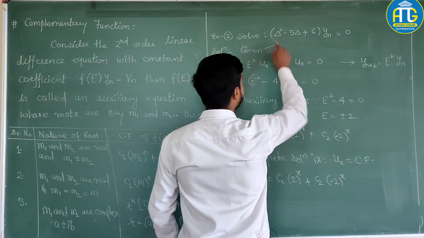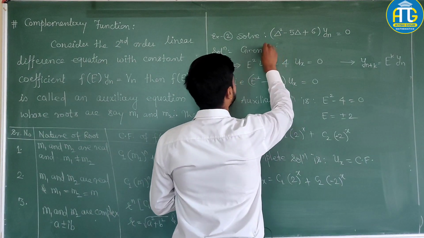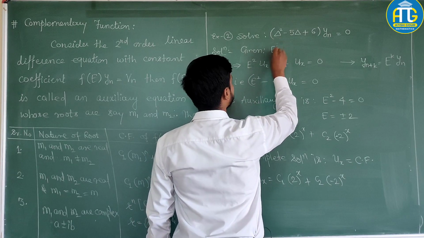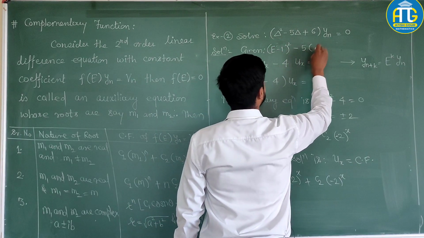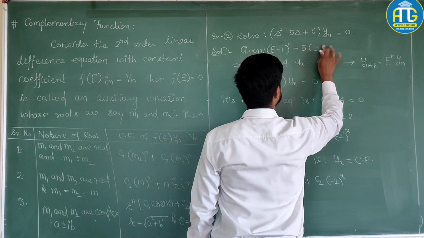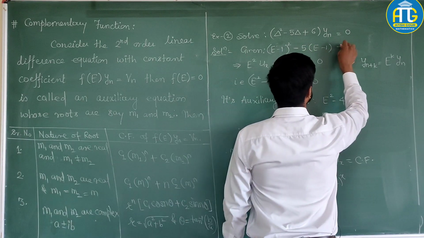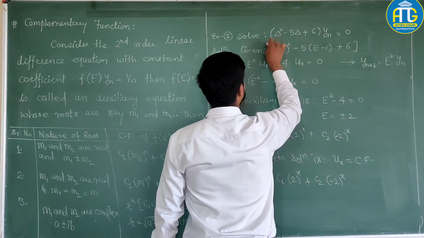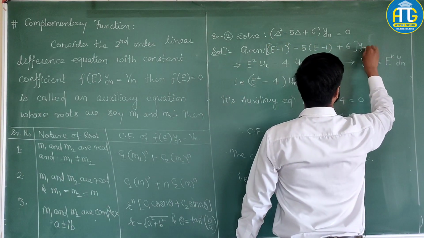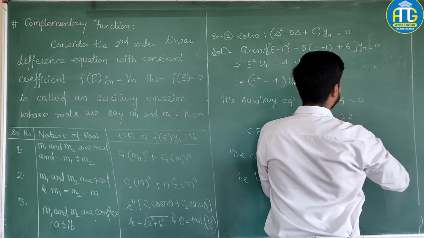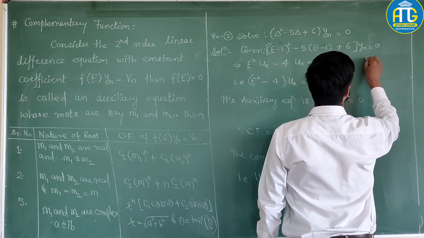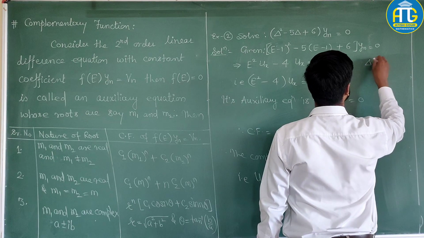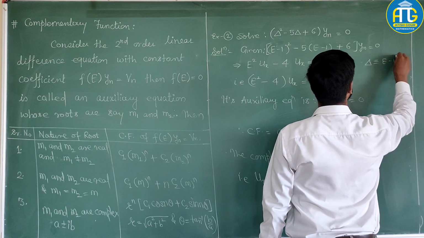So this is delta square, which I will write in terms of e minus 1. So this is (e minus 1) whole square minus 5 (e minus 1) plus 6 operating on yn is equal to 0. Here you can give the reason that delta is equivalent to e minus 1.